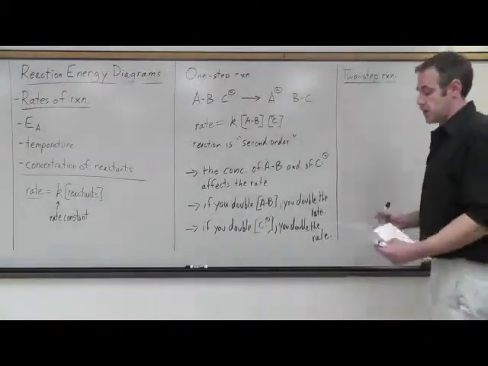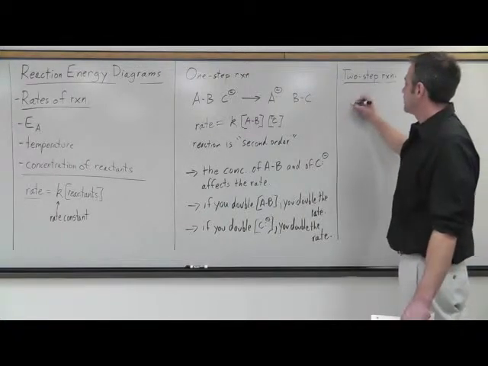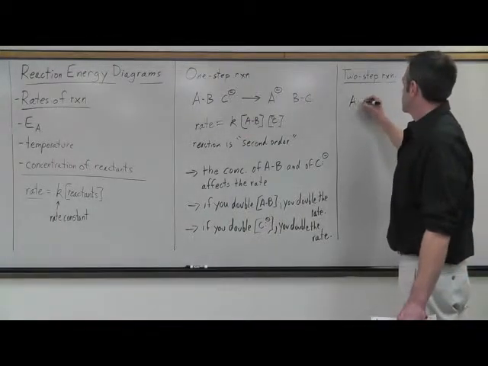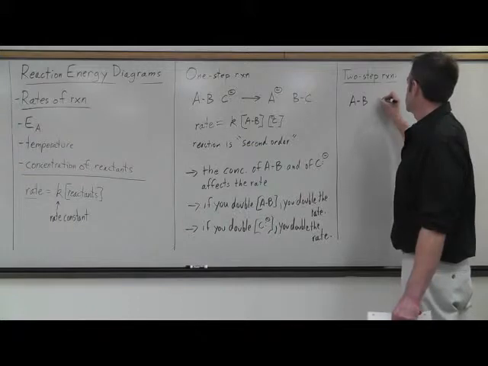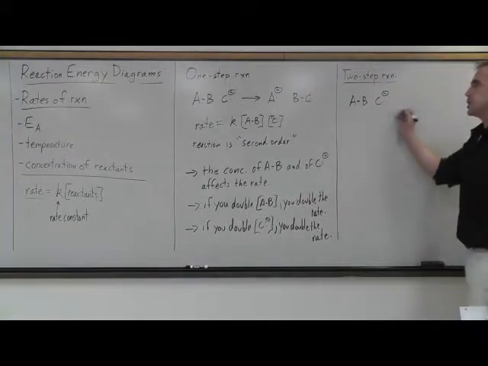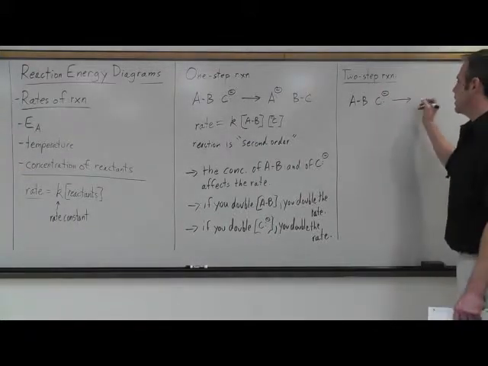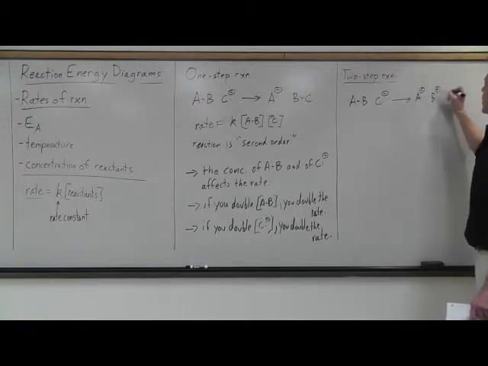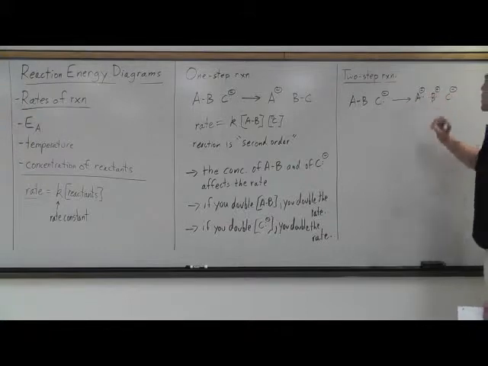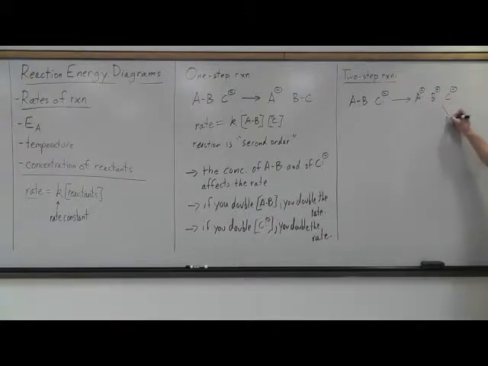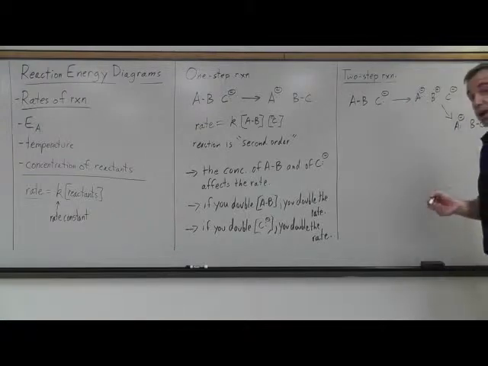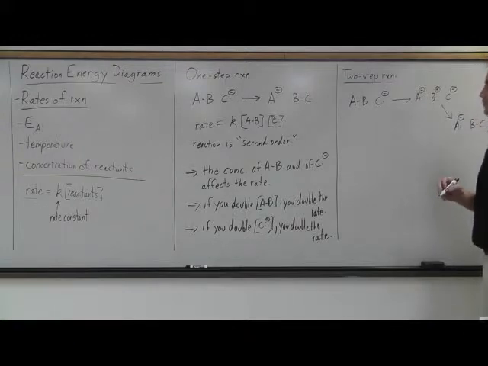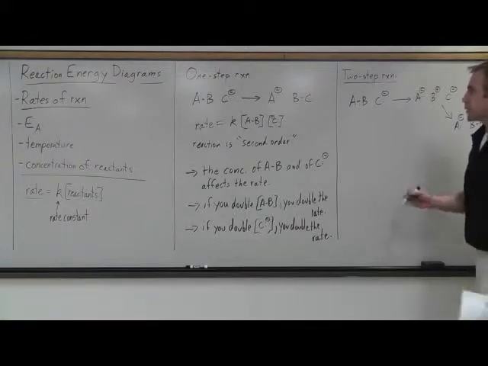For the two-step mechanism, where we started with the same reactants, but in the first step C was not involved, and in the second step A was not involved, well, that's going to impact the rate.